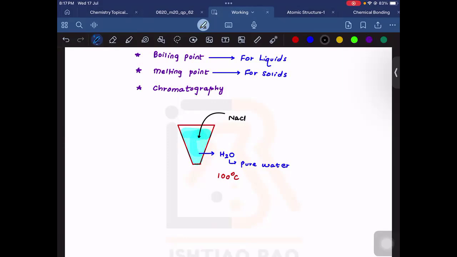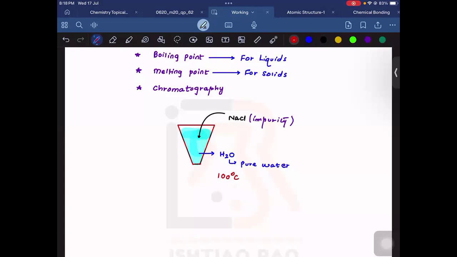So I'm going to add sodium chloride as an impurity. Now the question is, can you tell me if the boiling point will increase, decrease, or remain the same? Increase.